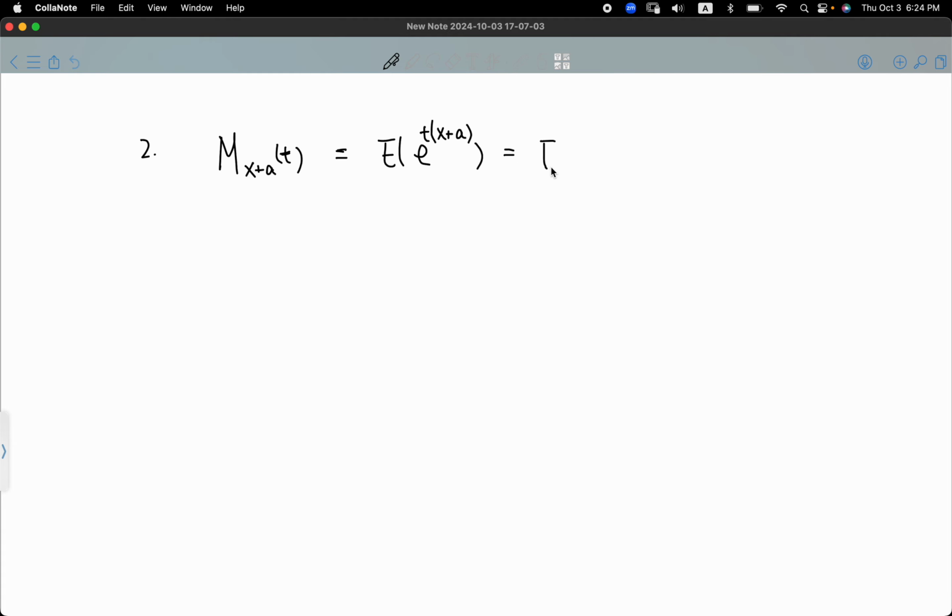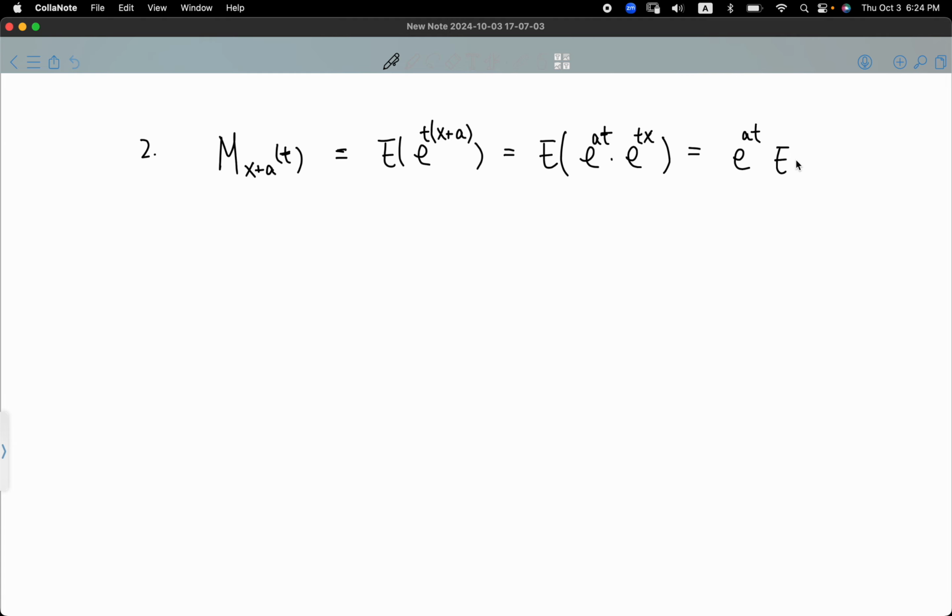This is equal to the expected value of e to the power of at multiplied by e to the power of tx. And then e to the at has nothing to do with x, so you can consider that as a constant.